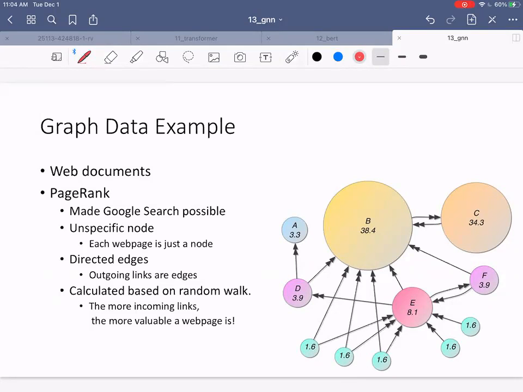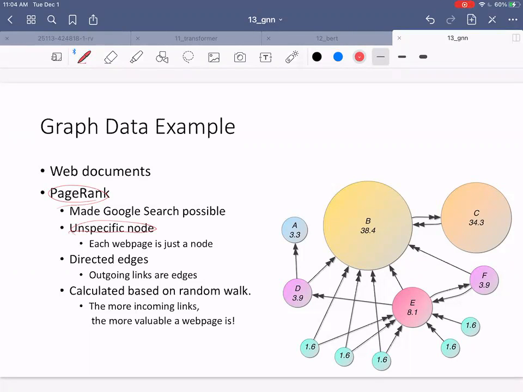So in PageRank, how Larry Page, the founder of Google, viewed web documents is as unspecific nodes. When he came up with the algorithm PageRank, he didn't care about the contents of the node, like the title of the page, or the text, or the images in the page.